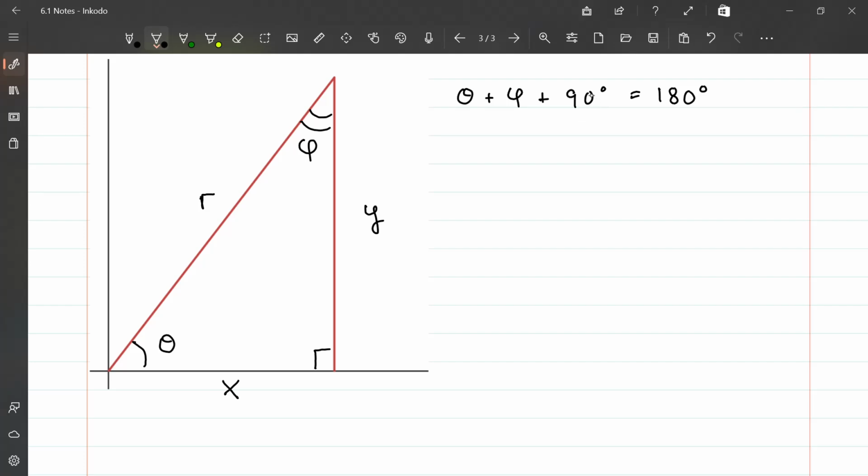I could then take this 90 and subtract it from both sides and rewrite this statement equivalently to say, if I take the angles theta and phi and I add them together, the result must be 180 minus 90, or in other words, 90 degrees. And actually, we can even go a step further. I can rewrite this again equivalently by subtracting theta from both sides. And what I'll find out is the upper angle, phi, is the same thing as 90 degrees minus theta.